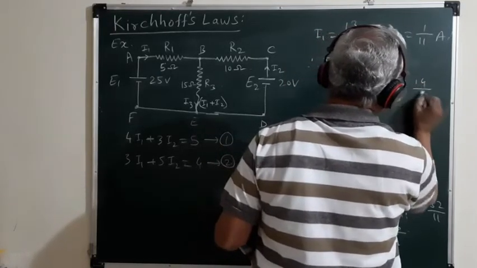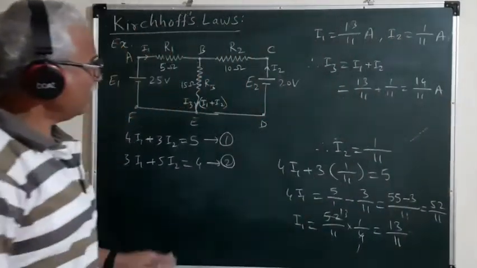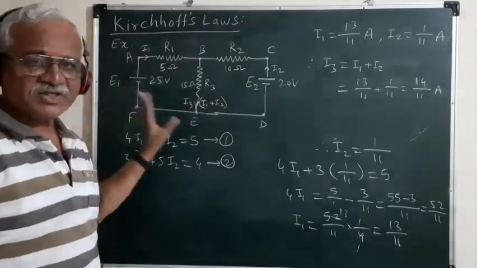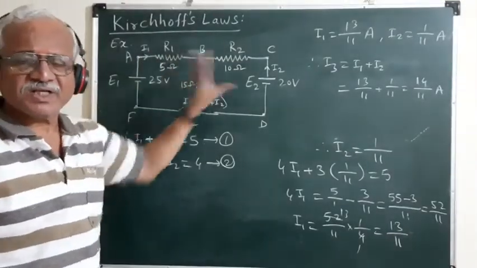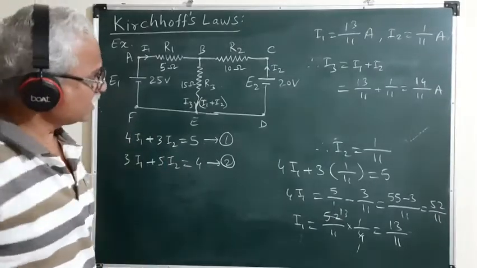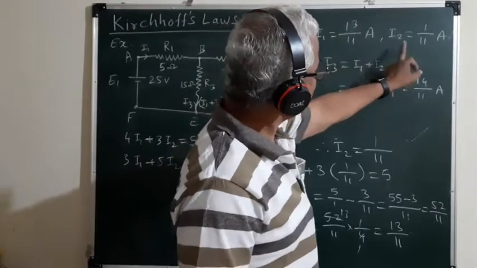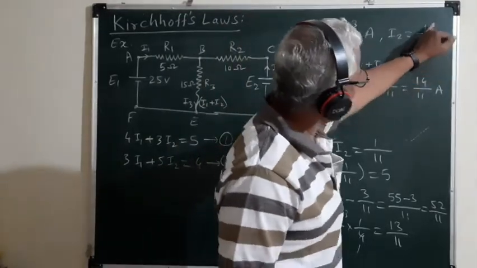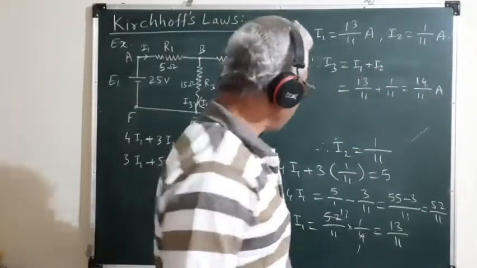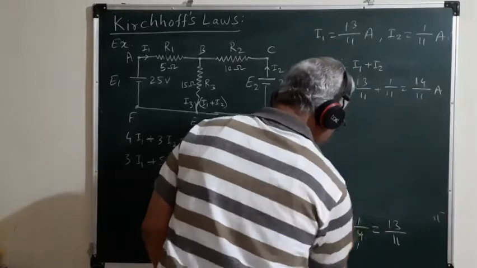So this is 14 by 11 ampere. So we have found out the currents I1, I2 and I3 flowing through these three resistors R1, R2 and R3. So I1 is 13 by 11 ampere, I2 is 1 by 11 ampere and I3 is 14 by 11 ampere.